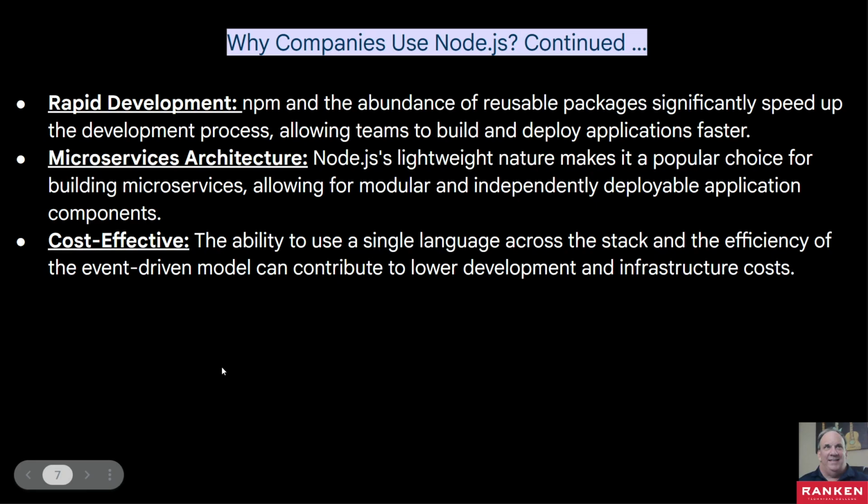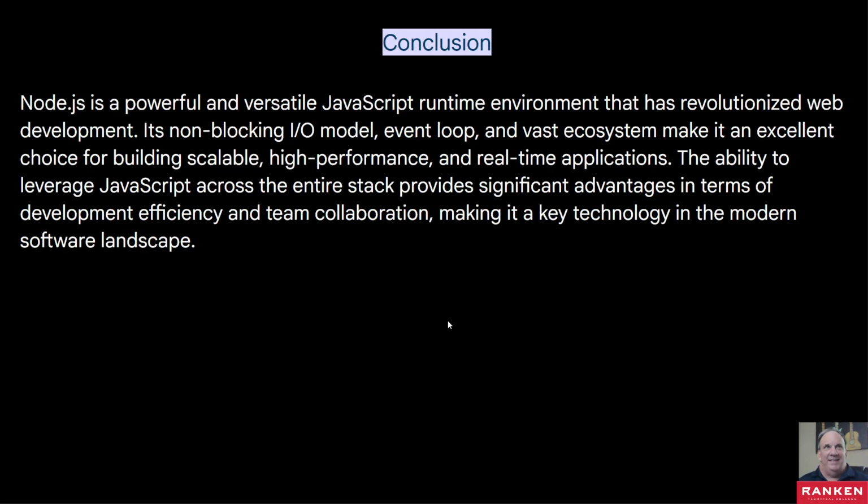Cost effective. The ability to use a single language across the stack and the efficiency of the event-driven model can contribute to a lower development and infrastructure cost. So in conclusion, Node.js is a powerful and versatile JavaScript runtime environment that has revolutionized web development.